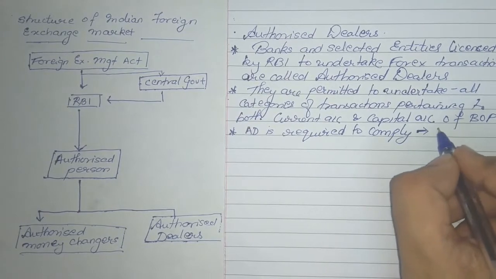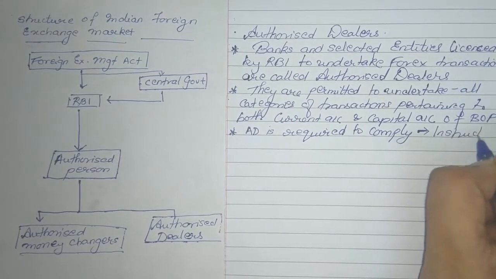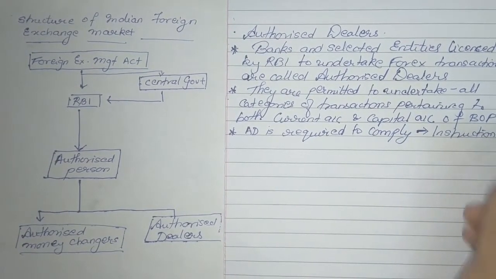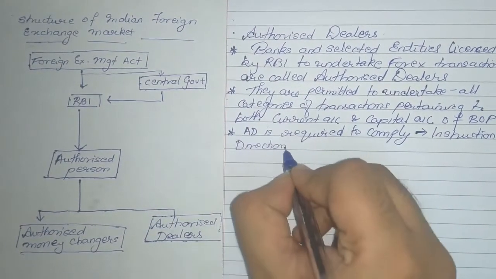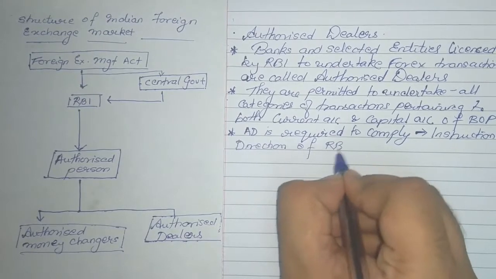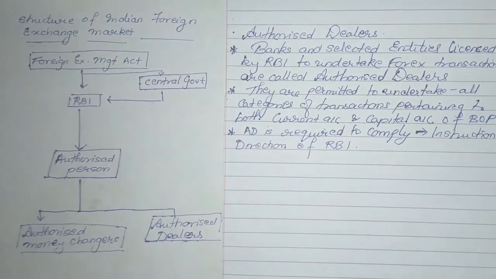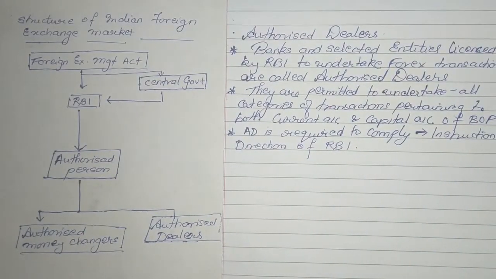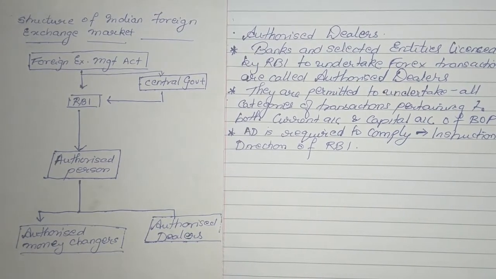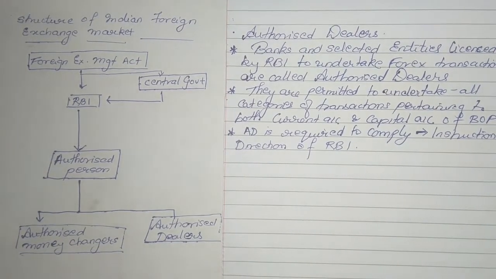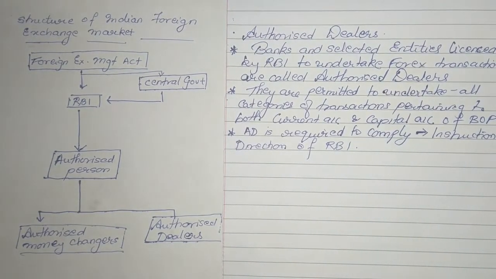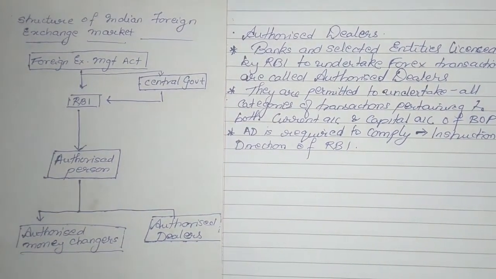So it complies with all the instructions and directions of RBI. Such instructions, when followed by the authorized dealers, are known as the exchange control regulation. So any instruction or direction given by RBI and followed by the authorized dealers is known as the exchange control regulation.